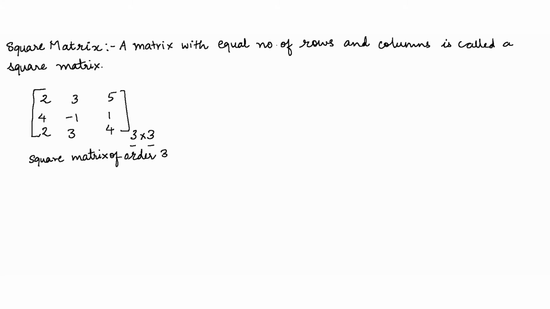Let's try to write a few more square matrices and let's see what's unique about each of those. In this particular matrix, you will notice that the diagonal element, so in a matrix there exists just one diagonal, which is the left top to the right bottom, right?